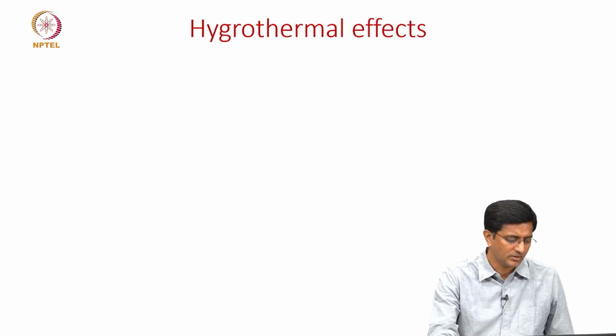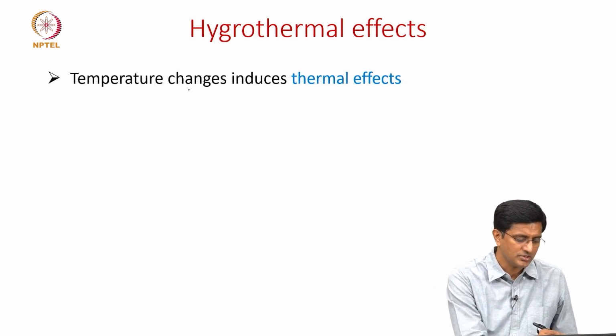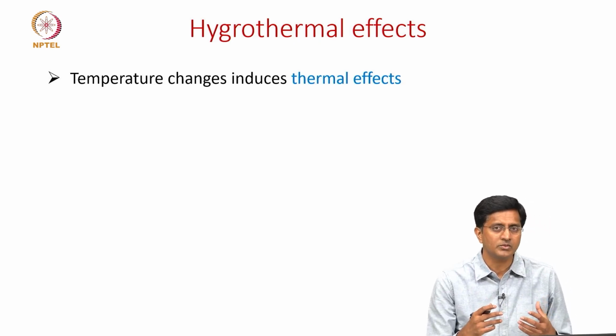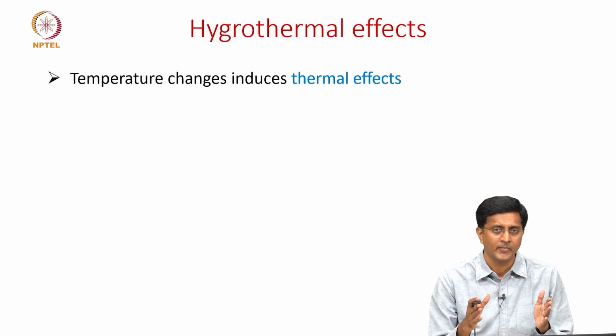We'll start with temperature changes. When we have temperature changes, it induces some thermal effects in the material. One thing we can expect is that with increase in temperature, the dimensions increase. Or if the temperature is decreased, the dimensions might decrease. So either there is a stretch or compression in the material.